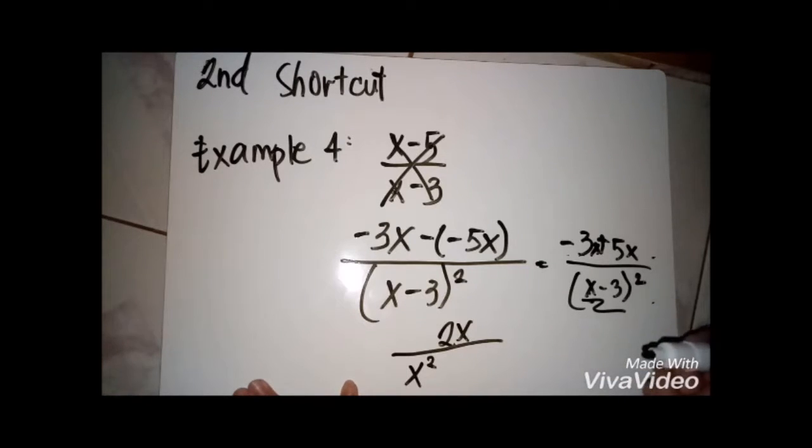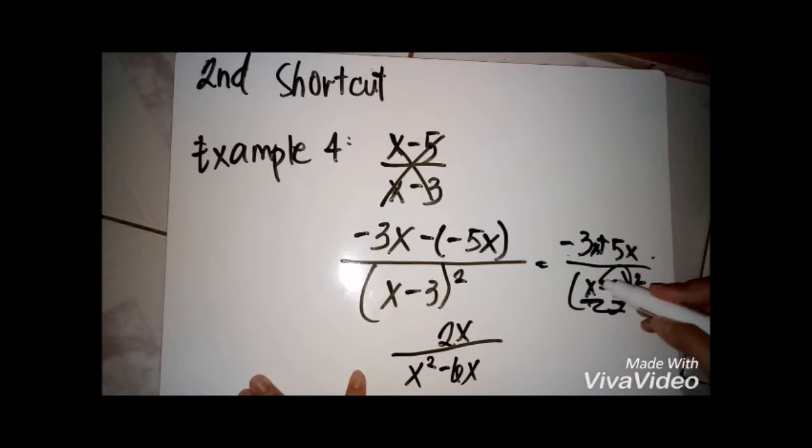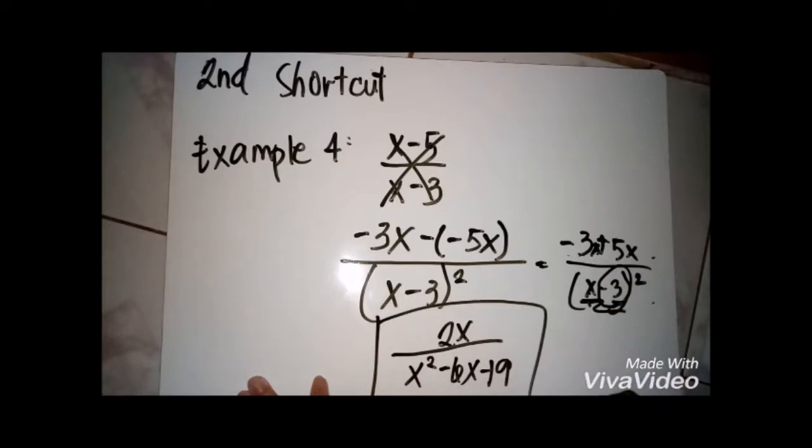Then the second term will be 2 multiplied by the product of the first term and the second term. So x multiplied by negative 3 is negative 3x. Then multiply by 2, we have negative 6x. Then the third term will be the square of the second term. So negative 3 raised to 2 will be plus 9. And there you have it.